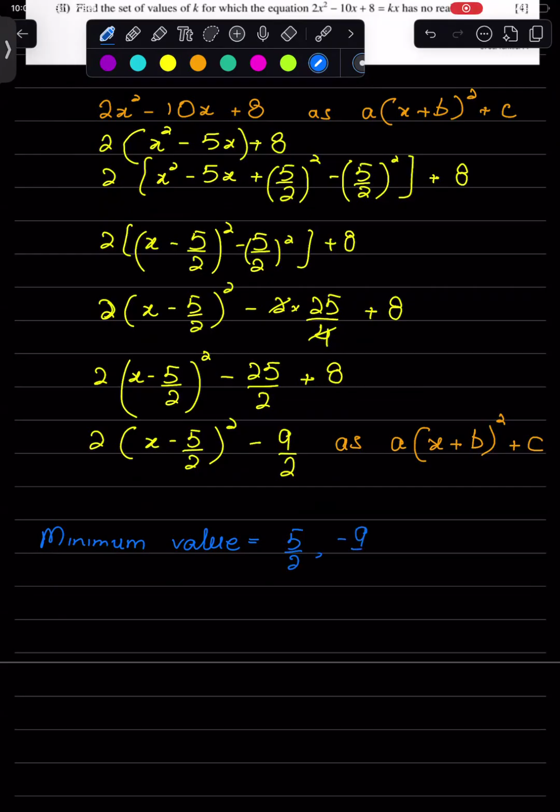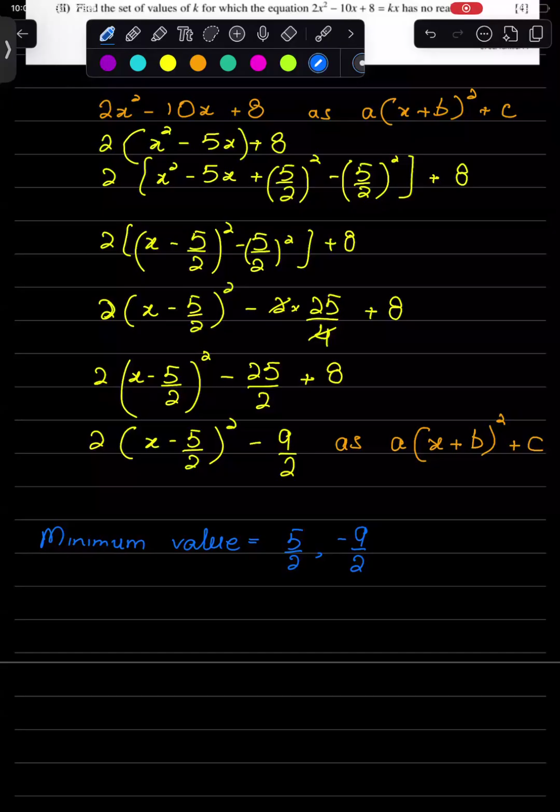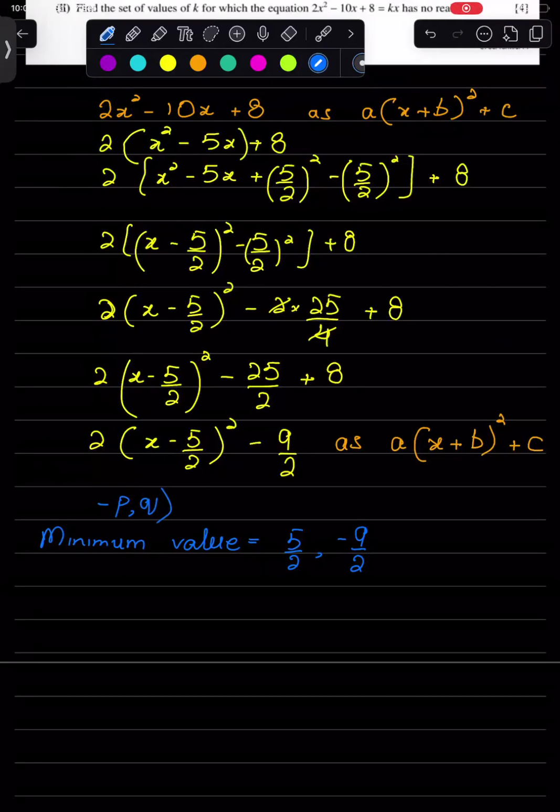We change the sign of p always. The turning points are minus p and q. And I explained to you why we do so. Remember that or not?